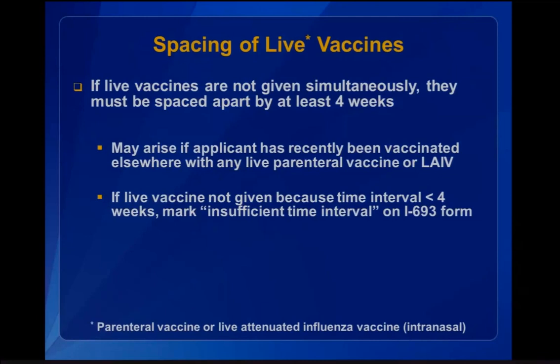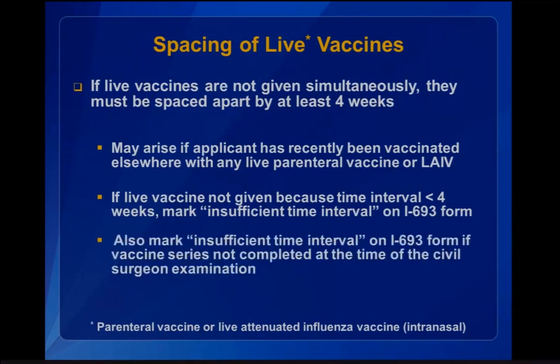Mark that on Form I-693. It's one of the columns to the right, and I'll show you that. So we're not talking about oral typhoid. We're just talking about injectable live vaccines and the intranasal influenza vaccine.